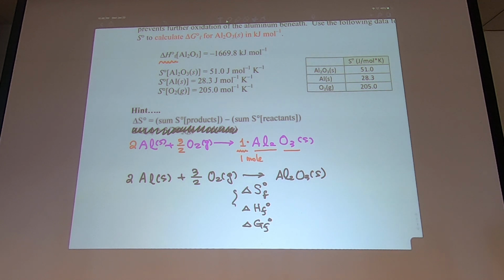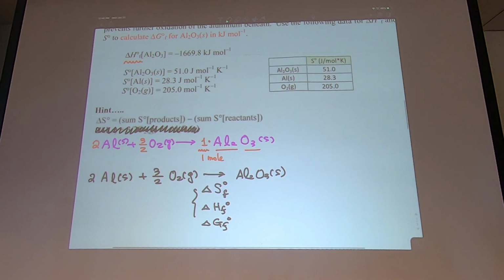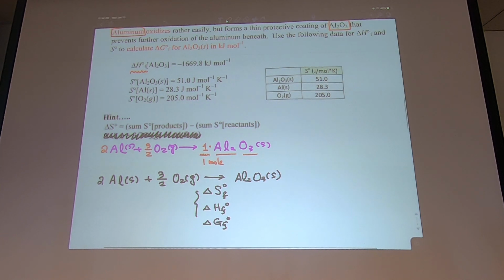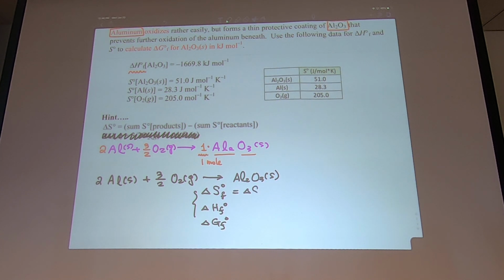These all relate to the formation of 1 mole of Al2O3. You have to spend the time perfecting that equation. Once we have this, we are in business, and for that particular reaction we just call it delta S.